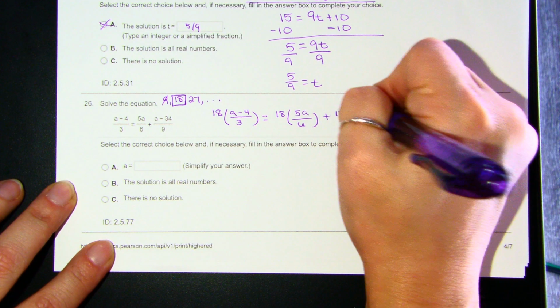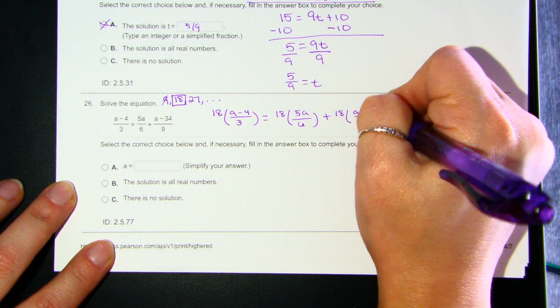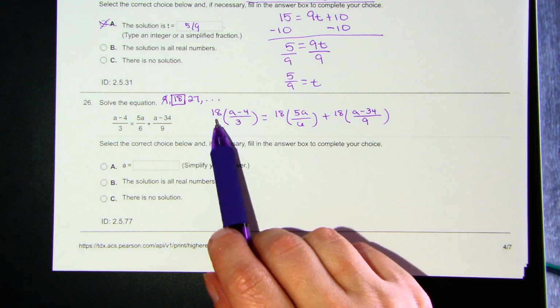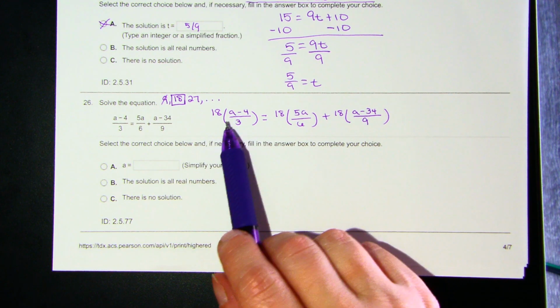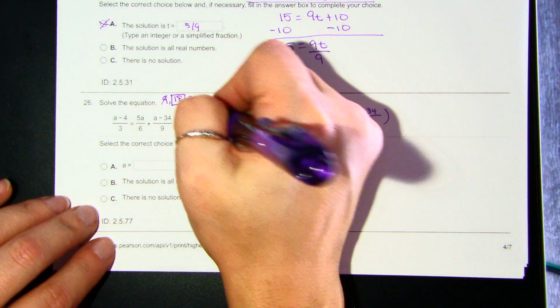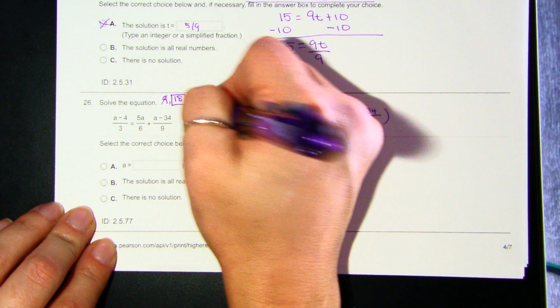The whole point is to get rid of fractions. So since there's a 3 in the denominator, I want to think, okay, 18 is 3 times 6. That means there's a 3 on top and a 3 on bottom, so those can cancel. That would leave me with 6 times the quantity a minus 4 on top.